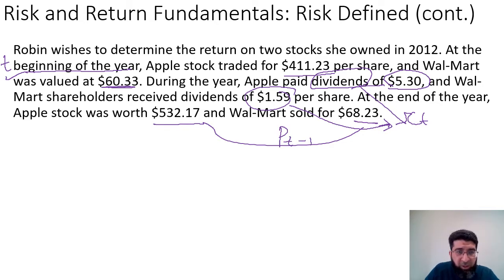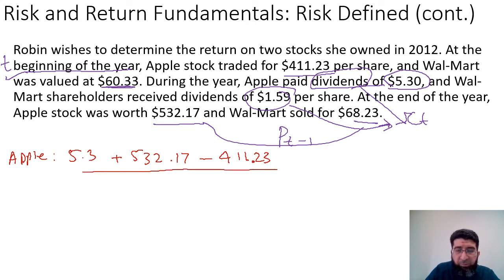So now if I have to calculate the return of the Apple stock, it will be 5.3 plus 532.17 minus 411.23, and if I divide it by 411.23, so this is basically the cash flow, this is the price at t, and this is the price at t minus 1, and this is also the price at t minus 1.